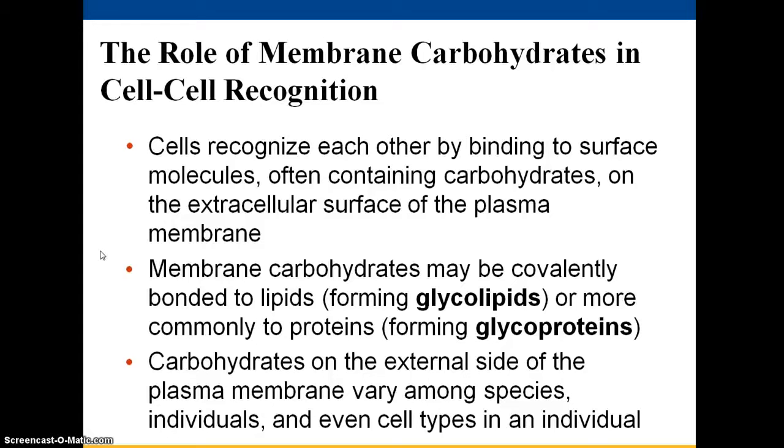Now, if a membrane carbohydrate is bonded to a lipid, we call it a glycolipid. However, if a membrane carb is joined to a protein, we call it a glycoprotein. The great diversity of carbohydrates allows them to serve effectively as markers, distinguishing one cell type from another.